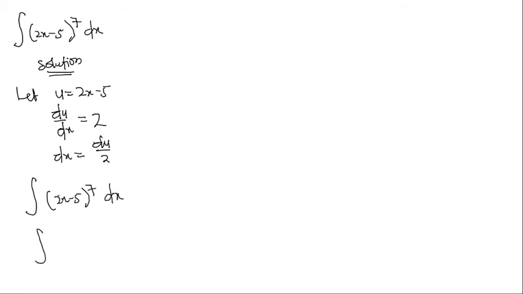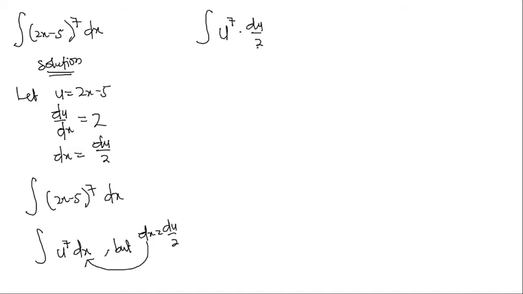We said let 2x minus 5 be u. So we have the integral of u power 7 dx. But remember, we made dx the subject, where dx is equal to du on 2. So if we substitute dx in place of this, we now have the integral of u power 7 multiplied by du on 2.